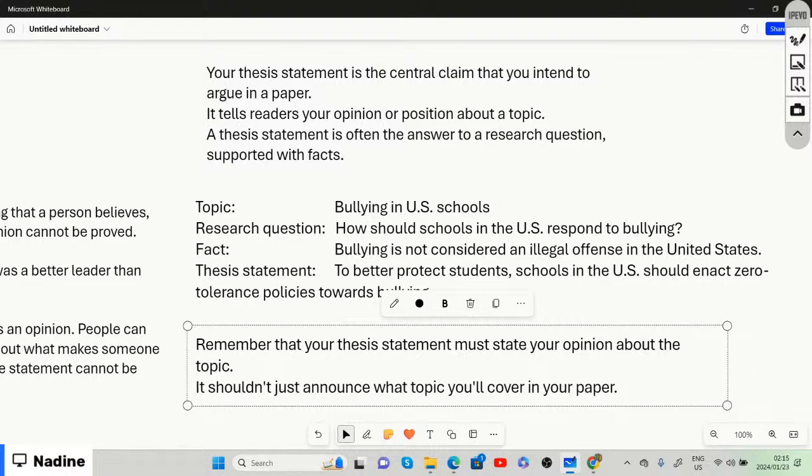All right, so when it comes to thesis statements, you need to have a topic, you need to have a research question, definitely your facts, and then you have to have your thesis statement.